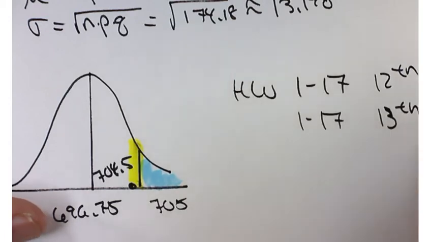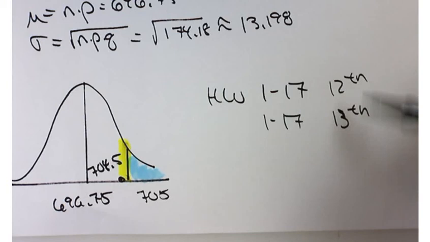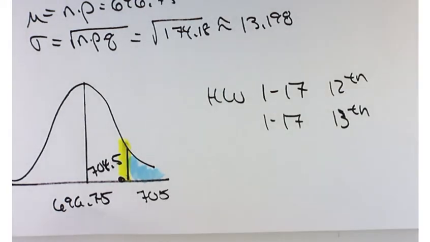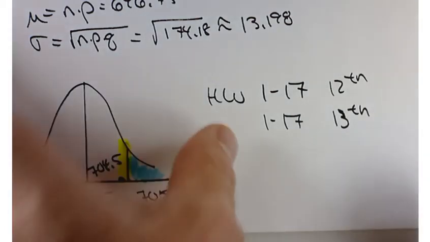I think the 13th edition and the 12th edition might both label this as section 6.6. I'm not sure. In any case, it's normal approximations to binomial random variables.